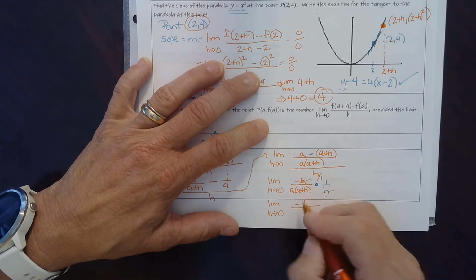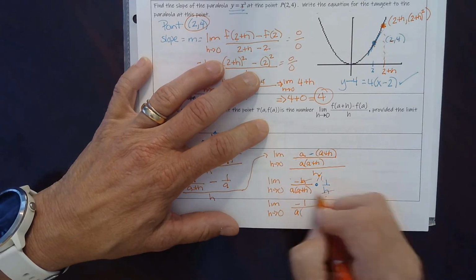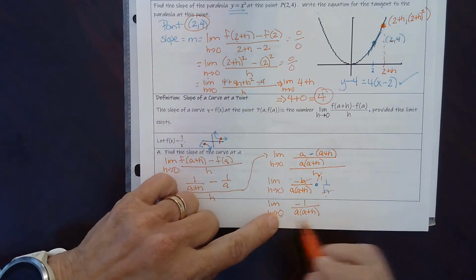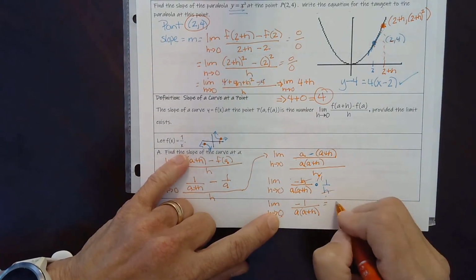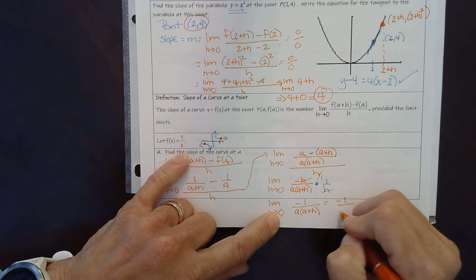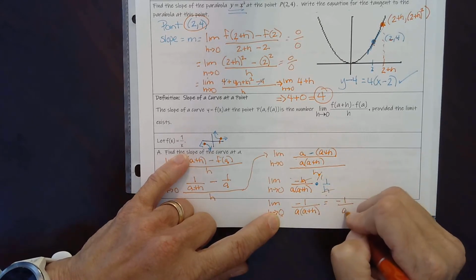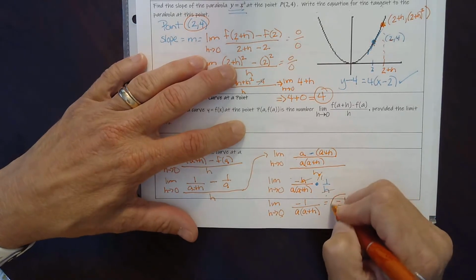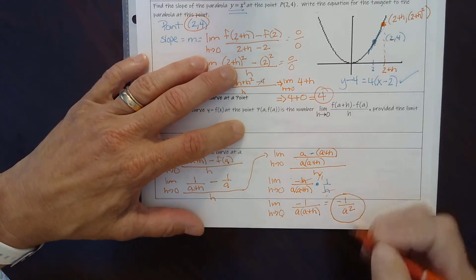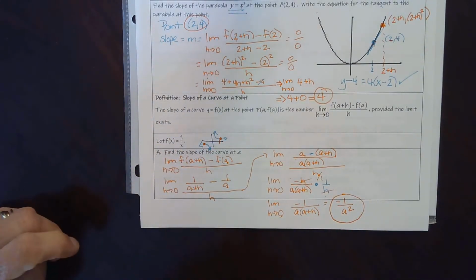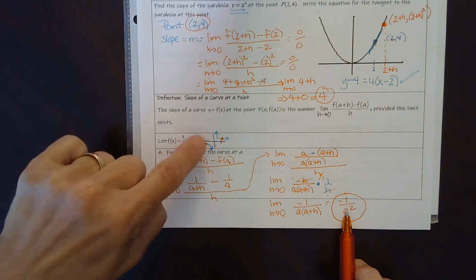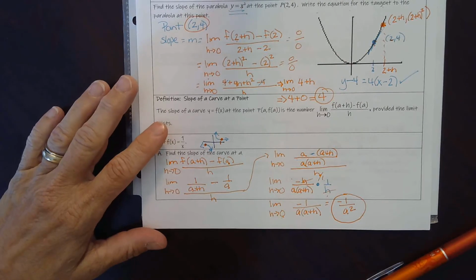I have a times a plus h. And now when I substitute 0 for h, I get negative 1 over a times a, which is a squared. So this is an expression for finding the slope of this curve at any point x equals a.